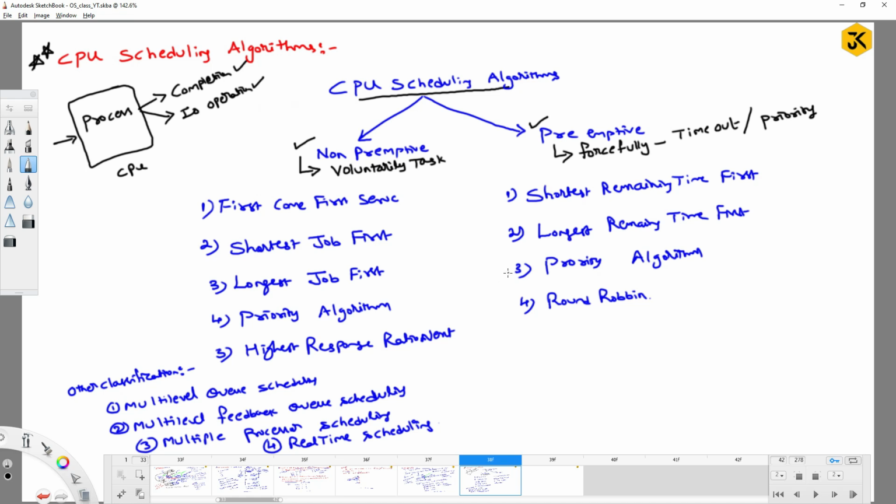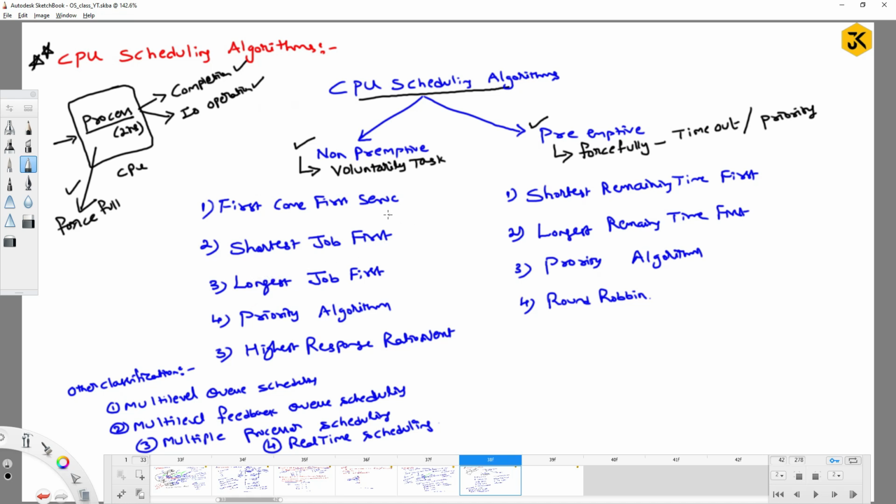Those kinds of processes we call preemptive processes. I mean, when a process is in execution, if some timeout happens, for example a 2 nanosecond timeout, it definitely has to come out. Is it forceful or not? Yes, that is the meaning of a preemptive process.